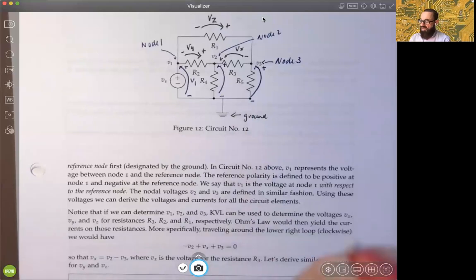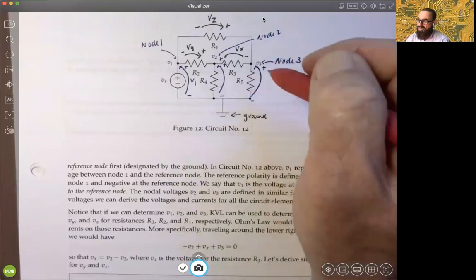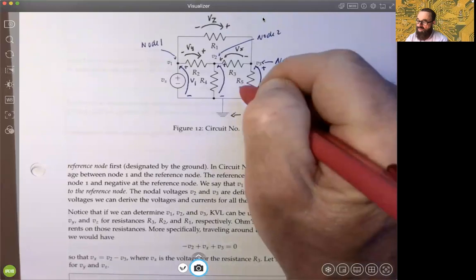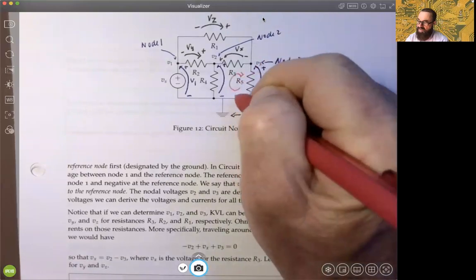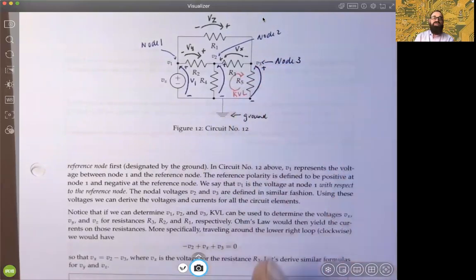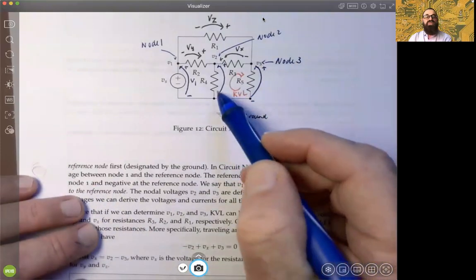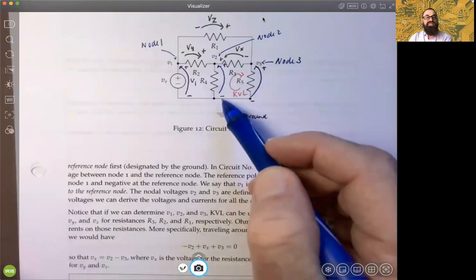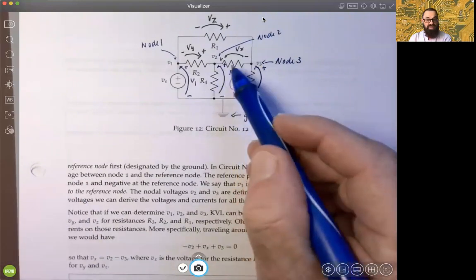So here's KVL, and we're looking at a representation of the sum of all the voltages and setting it equal to 0, okay? The way that happens with node voltages is we traverse the node voltages, and we're coming into the negative polarity in a clockwise way.